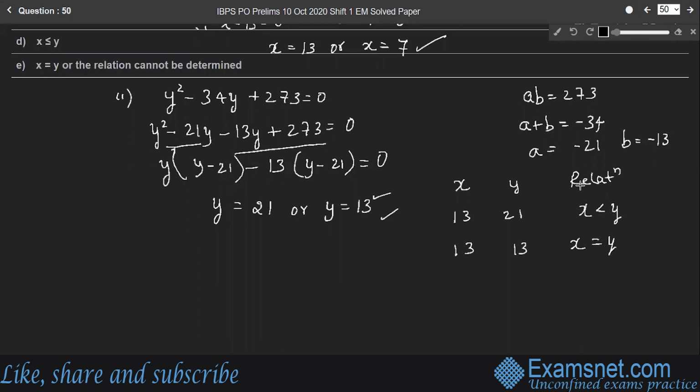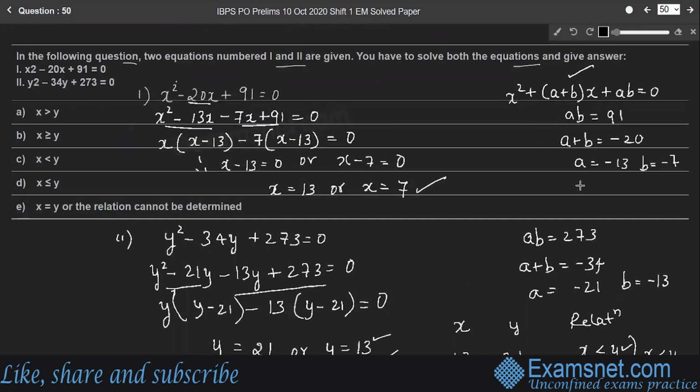If x is 7, y is 21, x is less than y, and x is 7, y is 13, in this case also x is less than y, right? So conclude by taking all four cases. In three cases, x is less than y. In one case, x is equal to y. Therefore, x is less than or equal to y. Therefore, option D is the right answer.